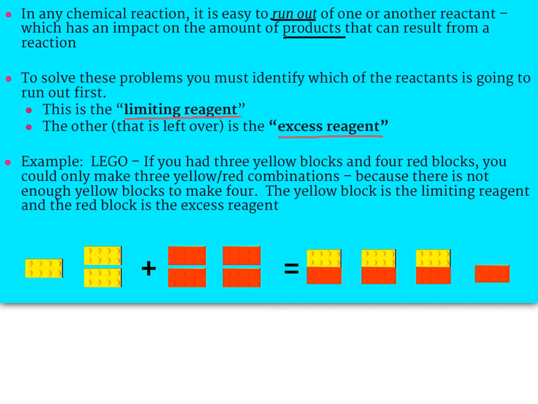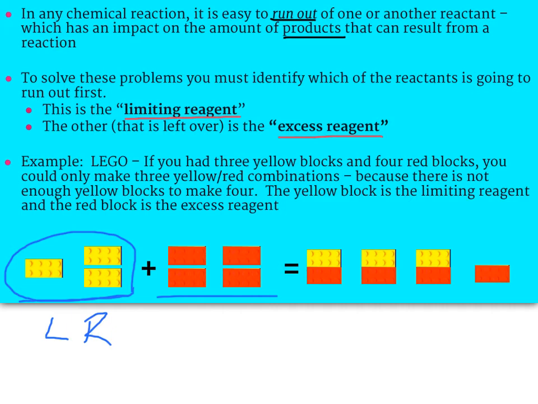The example I'm giving you at the bottom is Lego. What I want you to do is pair up the Lego. You were given 3 yellow Lego blocks and 4 red Lego blocks. If you pair them up, as soon as you run out of yellow Lego blocks, you can't pair them up anymore. Because we're running out of the yellow Lego blocks, yellow is our limiting reactant or reagent, and I put an LR beside it.